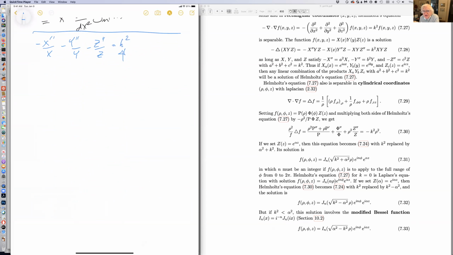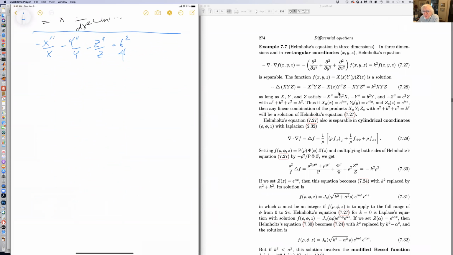so we've converted using rectangular coordinates. Helmholtz equation becomes this, and now we see that this is a function of x, this is a function of y, this is a function of z, and this is a constant. And the only way this can be true is if each of these is a constant. All 3 are constants.